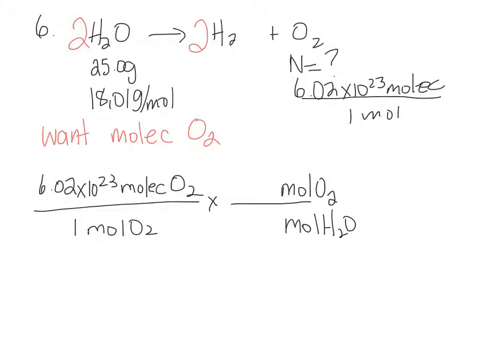So we use our mole ratio to go between two different substances. Our coefficient in front of O2 is a 1, and our coefficient in front of water is a 2. Moles of O2 cancel. But I've got moles of H2O that I've got to get rid of. I happen to have moles of H2O, one of them in 18.02 grams.